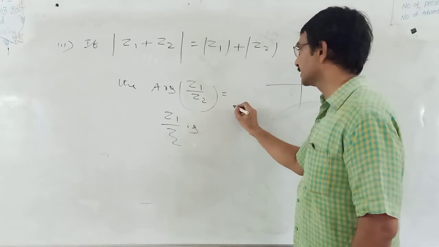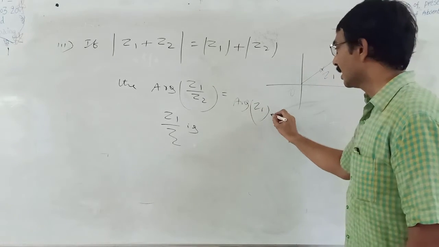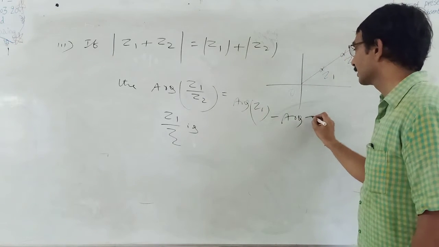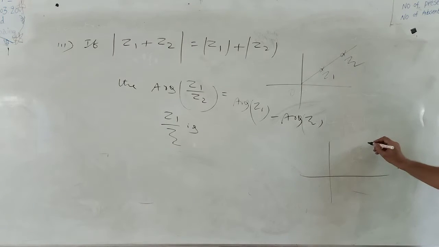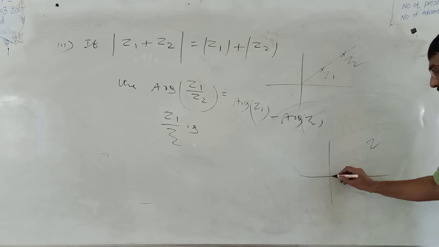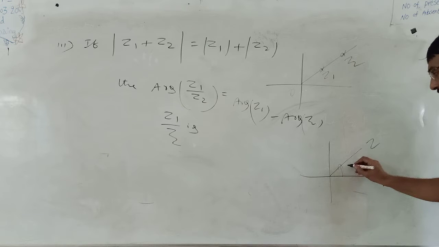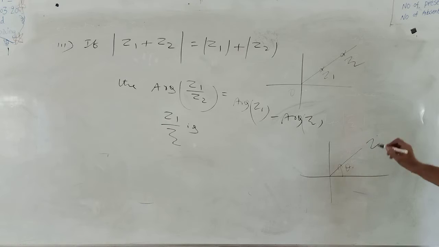Argument of Z1 by Z2 equal to, from one of the properties of argument of Z, argument of Z1 minus argument of Z2. Geometrically, the meaning of argument of Z: this is a complex number. Argument of Z is the angle made by the line segment joining origin to that point with the positive direction of x-axis in anti-clockwise direction, theta. Then theta is called argument of Z.